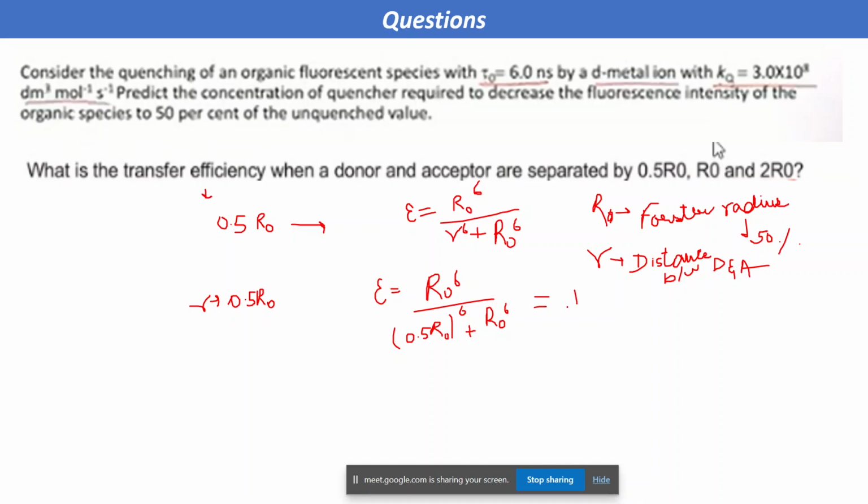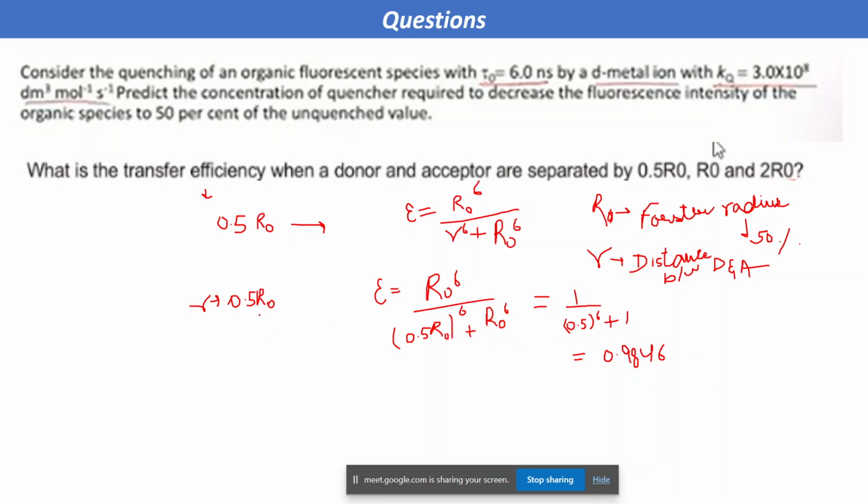So it will be equal to 1 over 1 plus 0.5 whole to the 6, plus 1. After solving it, the answer will be 0.9846. Just remember the energy transfer efficiency is inversely proportional to the 6th power of the distance between the donor and the receptor.